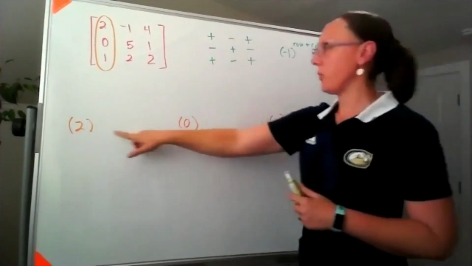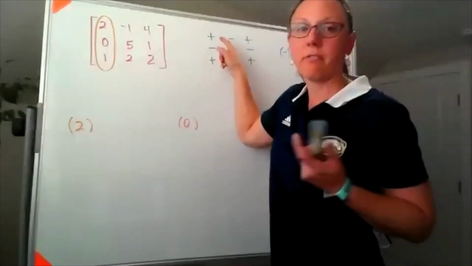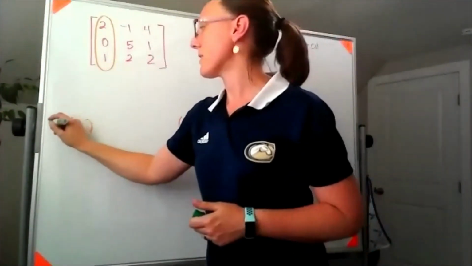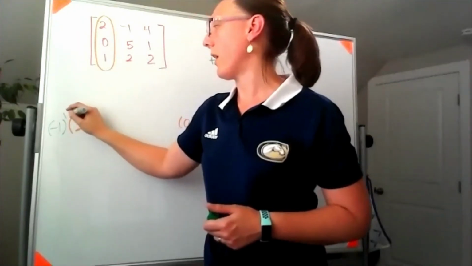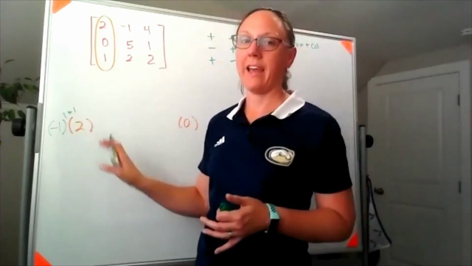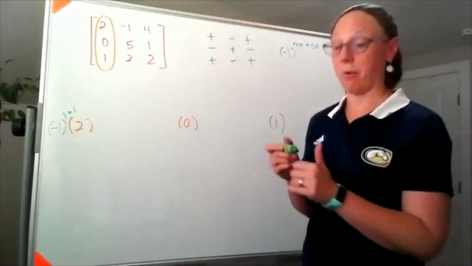So this 2 was sitting in this spot, which means I know it's positive, or I can think about this as 2 times -1 to row 1 plus column 1, so the rows plus columns. And there's a linear algebra reason for that we don't need to worry about right now.